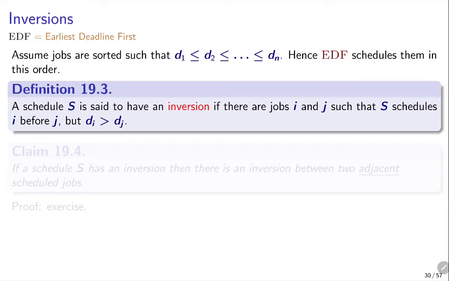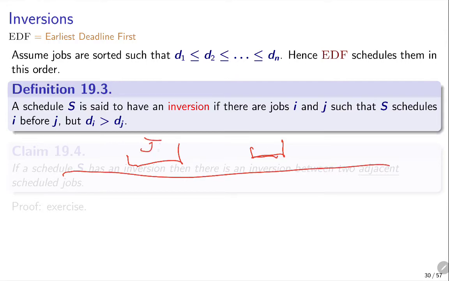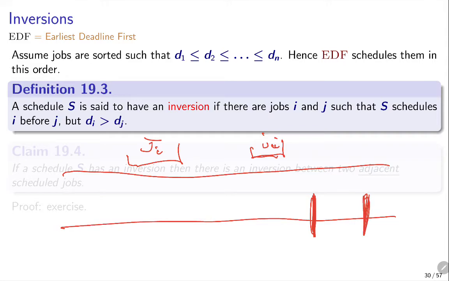The second thing we want to argue is that there are no inversions, right? So if there is an inversion, what is an inversion? Inversion again is, so in fact this is best drawn on the time. This is the job, let's say J_i, J_j. Those two jobs are scheduled, and then they have their deadlines. This is the one deadline, this is the other deadline, right?